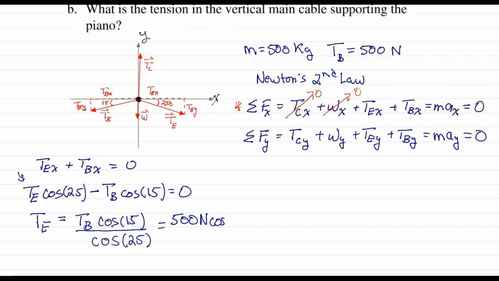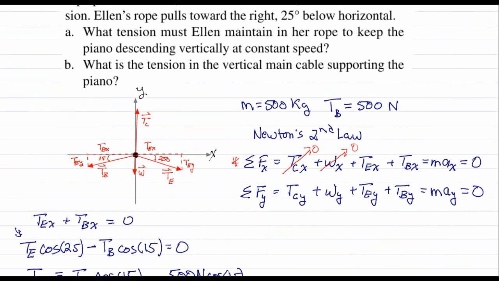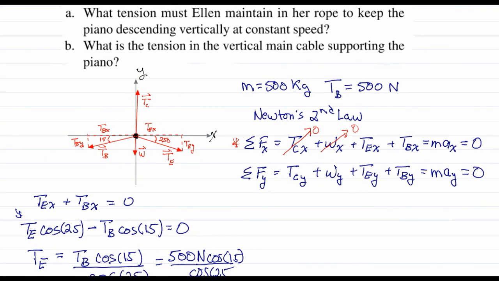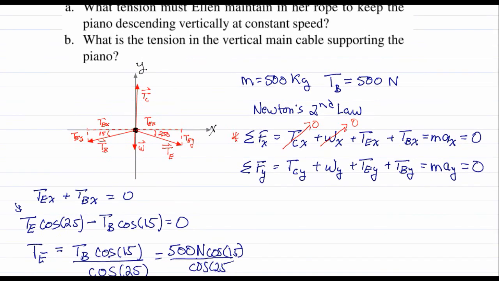We have cosine of 15 over cosine of 25. And finally, we get the magnitude of Ellen's force is about 533 newtons. Great. So we've answered part A of our problem. What tension must Ellen maintain in her rope to keep the piano descending vertically at constant speed? Okay, so what is the tension in the main cable supporting the piano?